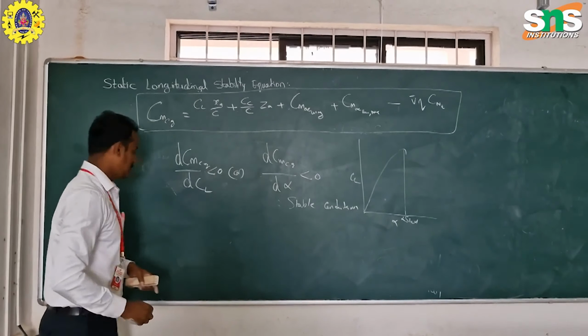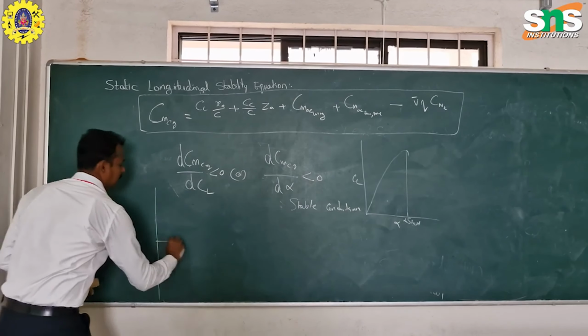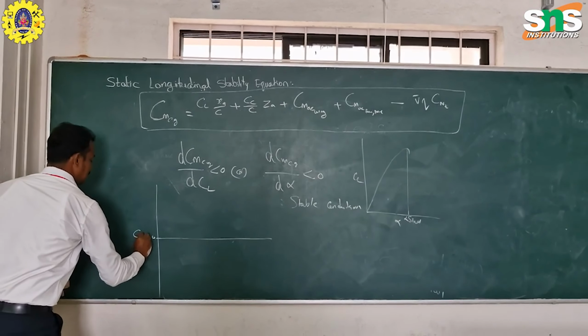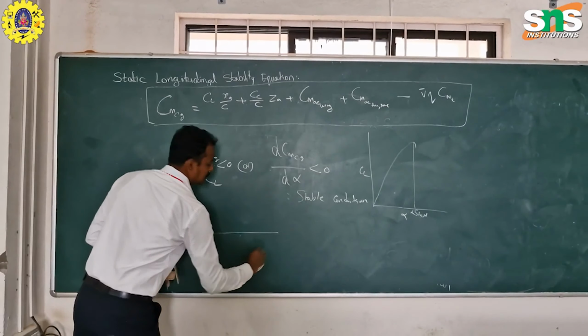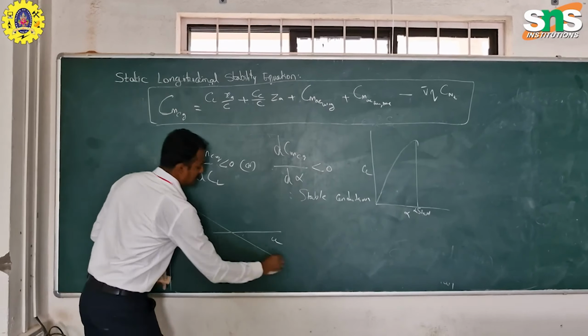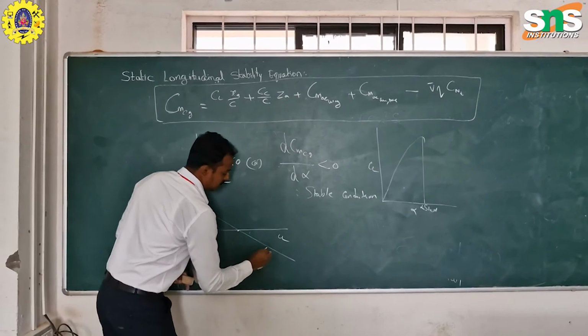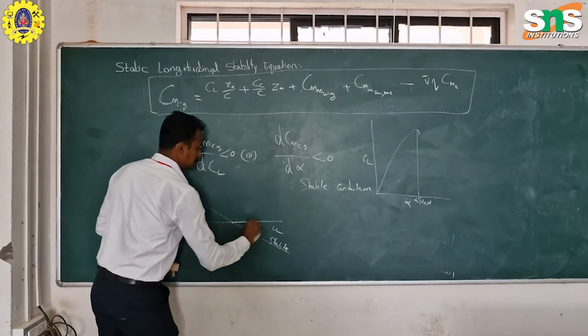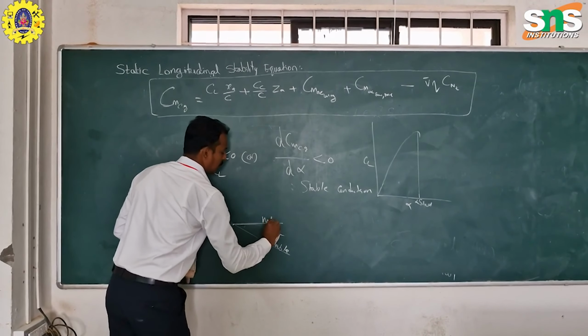of the airplane. So now we are going to draw the graph of CMCG versus CL. So we will get the CL value. This is the stable curve. This is the neutral curve.